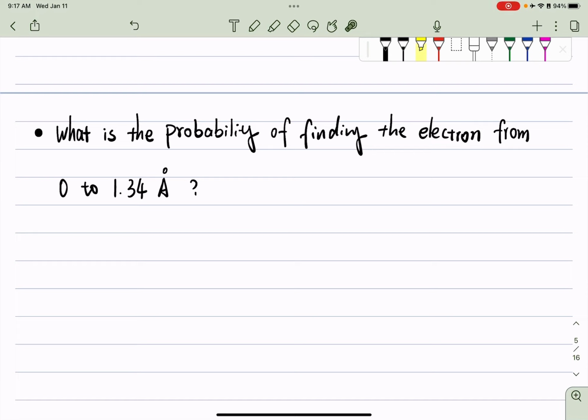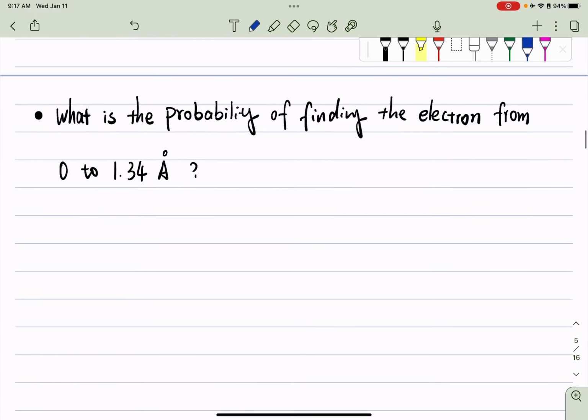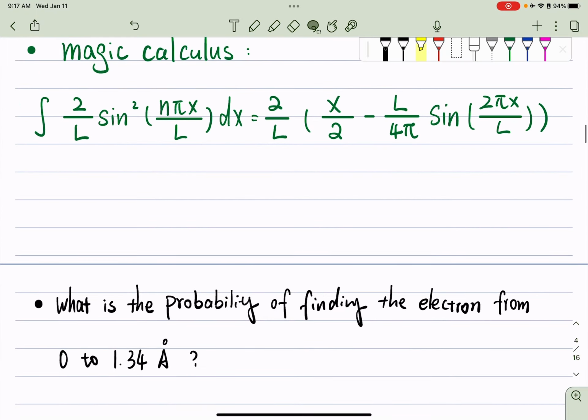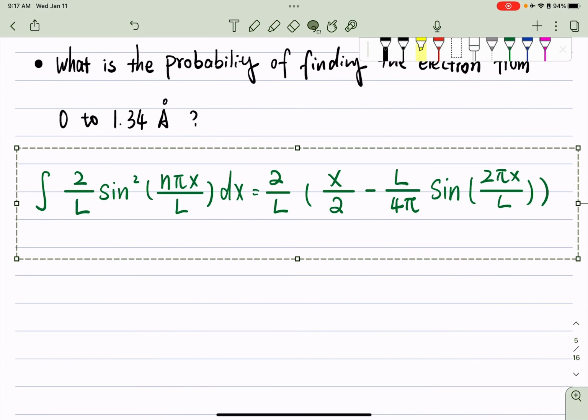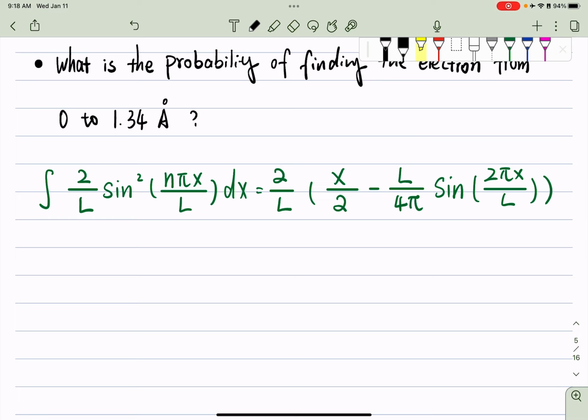So let's just work on it together. I'm just going to copy paste down my magic calculus and get an idea about what that means.